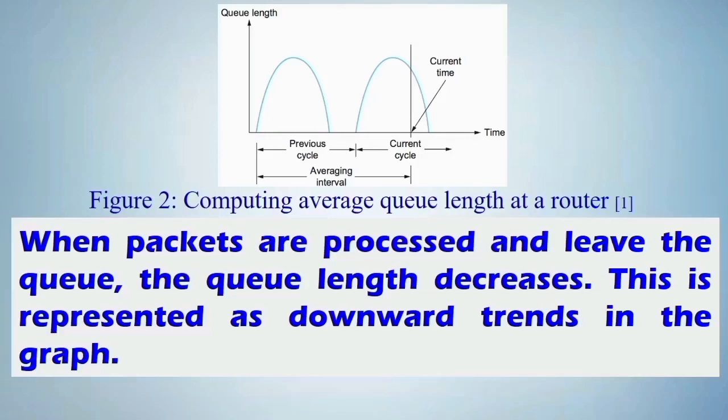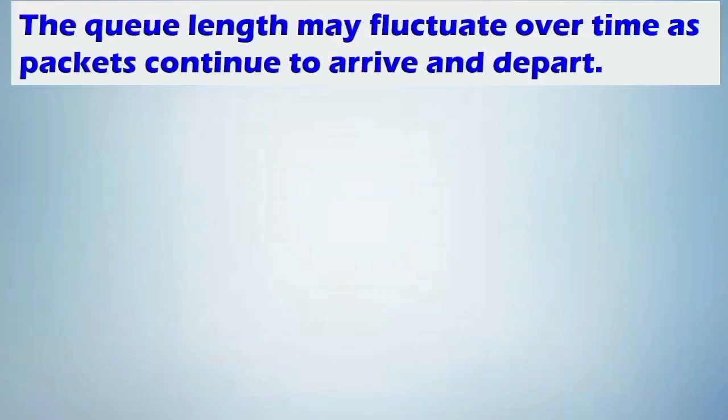When packets are processed and leave, the queue length decreases. This is represented as downward trends in the graph.